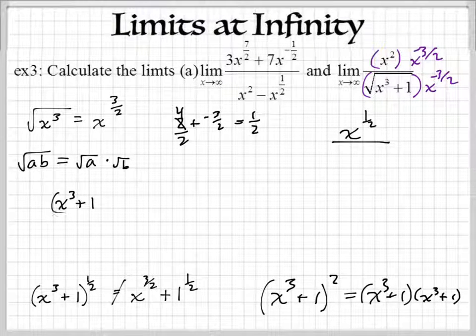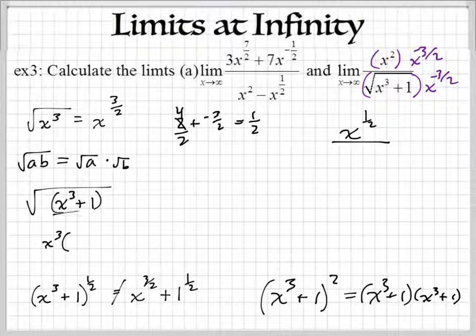and I'm going to factor out x to the third. So if I factor out x to the third, I'd be dividing, so I divide this by x to the third, and I divide this one by x to the third. This would be 1. And what is 1 divided by x to the third? You can say 1 over x to the third, or you can say x to the negative third.